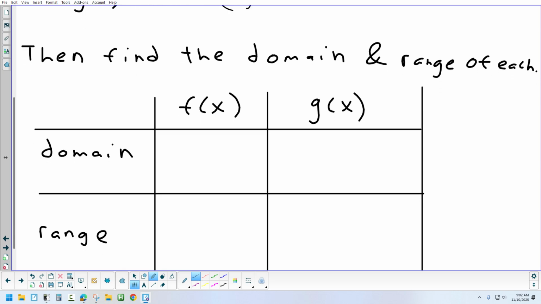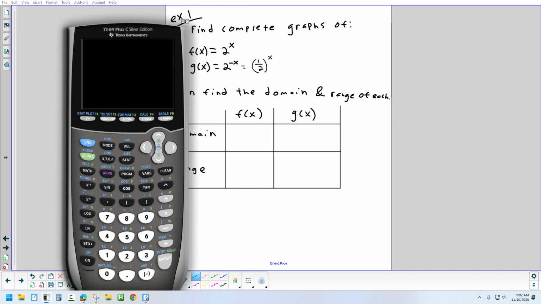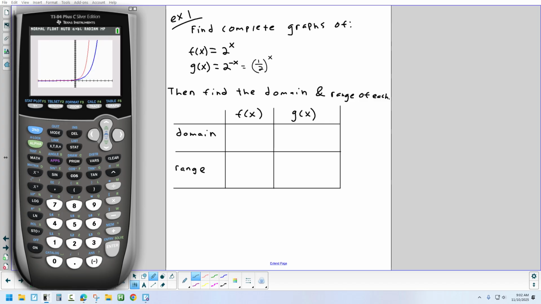All right, so let's graph, and then let's look at the domain and range of each. Okay, so I've already got 2 to the x, and I'm going to do 0.5 to the x, same as 1/2. Okay, I'm going to do zoom 6 just to reset everything. And remember that negative inside the function. When you have a negative inside, that's a horizontal reflection.